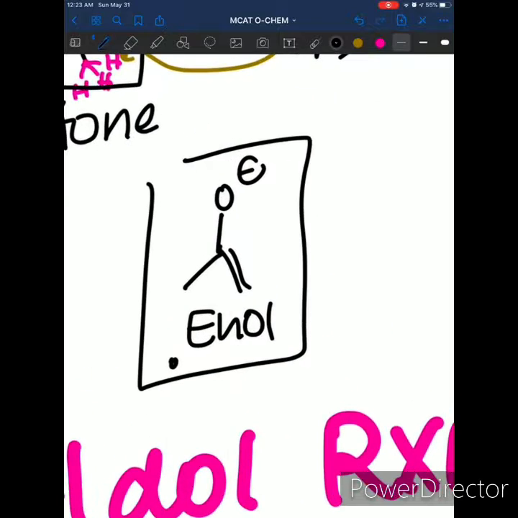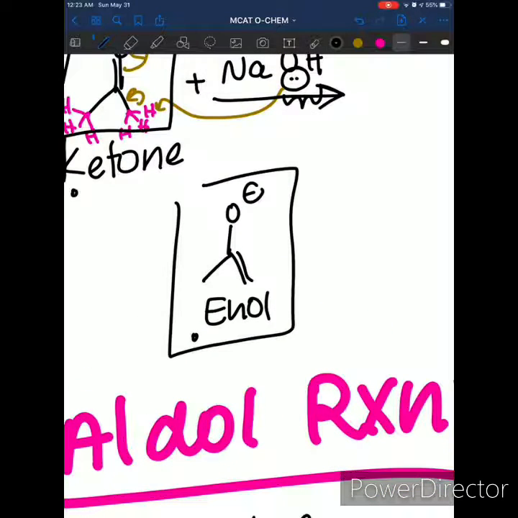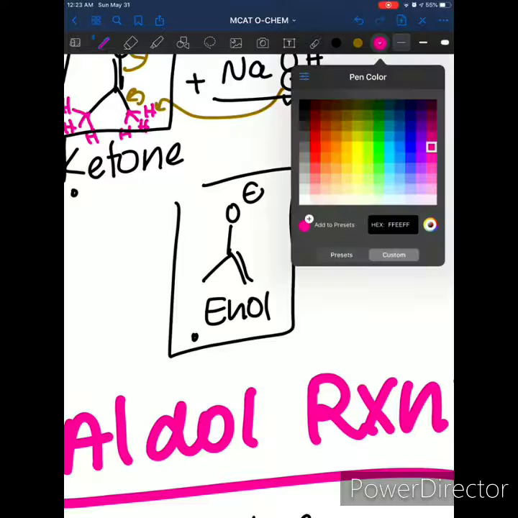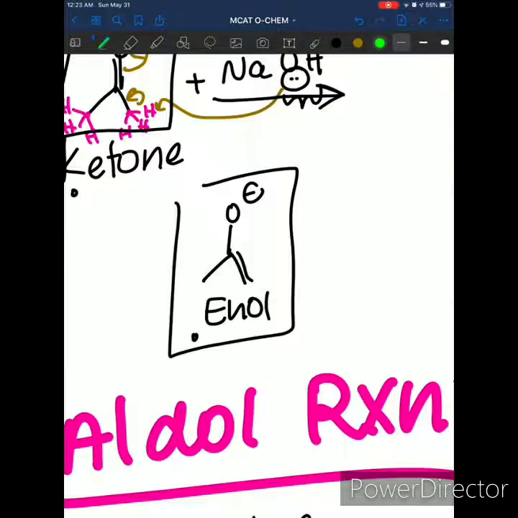And before I get into that, let me just zoom in here and explain something about this enol. In this molecule, the reactive nucleophilic part is not this charged oxygen.